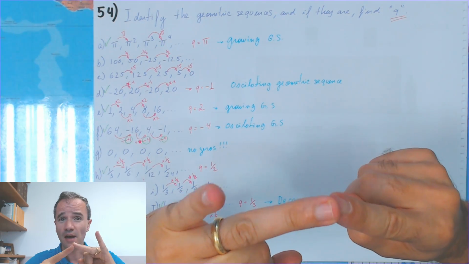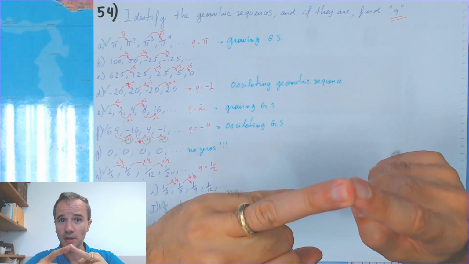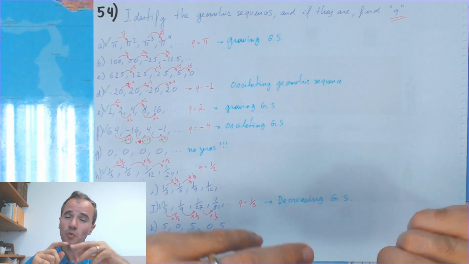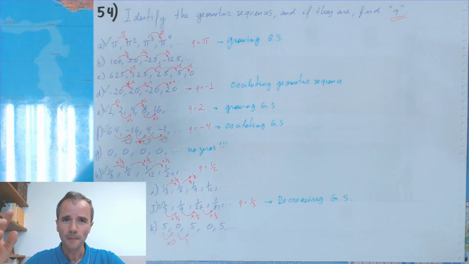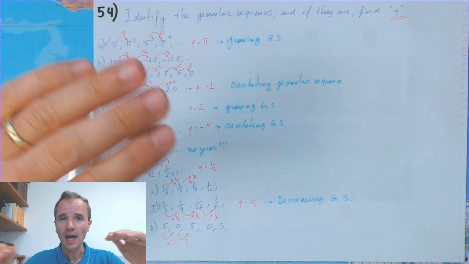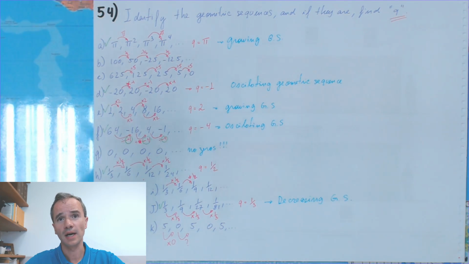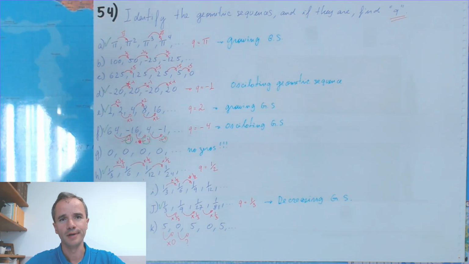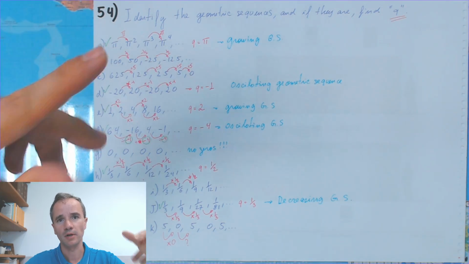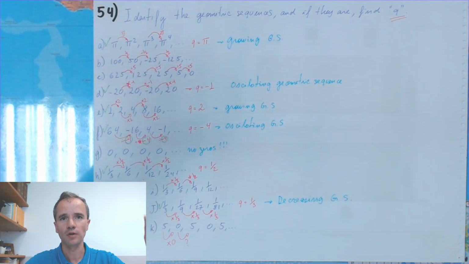We cannot have zeros in our sequence, and we have growing, decreasing, oscillating, and constant. We made all of them, I believe. The constant, no, we didn't have the constant here. The constant would be like 2 2 2 2 2, or minus 1 minus 1 minus 1 minus 1, or 21 21 21 21.